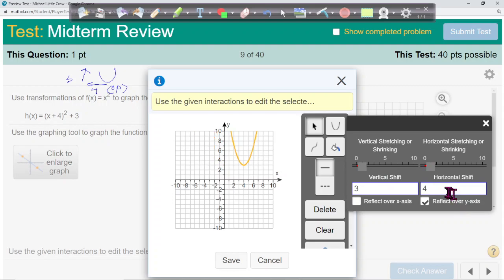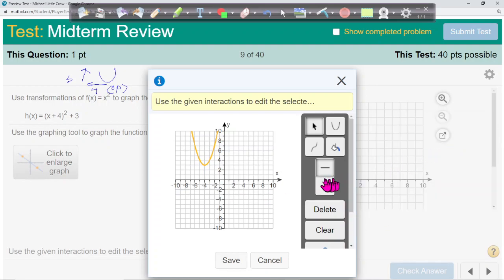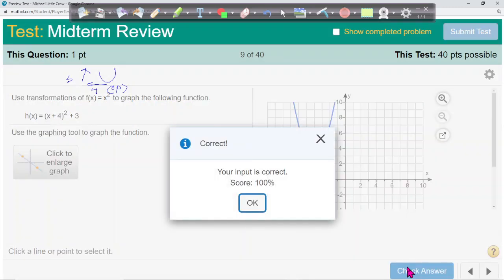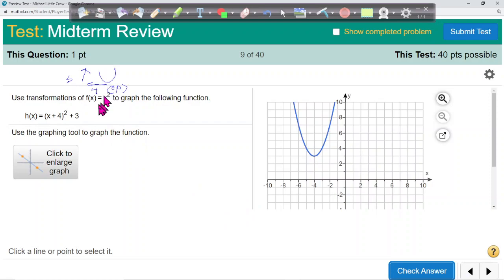Now someone was telling me that they had problems with this, and let's see. No, I don't want to reflect it. There, oh, that's why, because I clicked on that. So -4 does move it in that direction. I didn't hear back, so hopefully it all worked out. Let's save it, and let's check our answer. Yeah, it liked it.